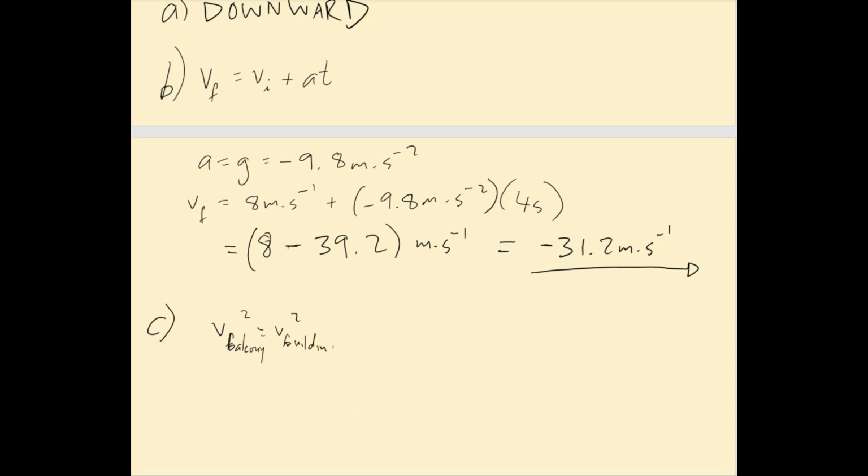Because like I said, final and initial can just cause confusion sometimes. So let's do it like that. I'm going to have to do this part again.